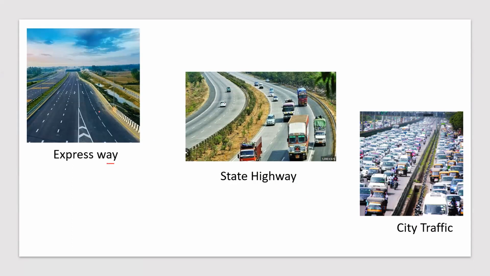By seeing the roads, it will be very empty, with very little traffic, and you can travel from point A to B in very little time and at very high speed. So when you are a car driver, you know how to drive in city traffic, in a state highway, and in the expressway.